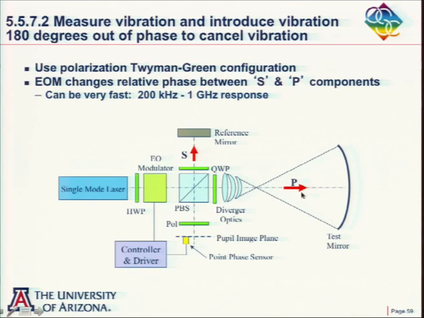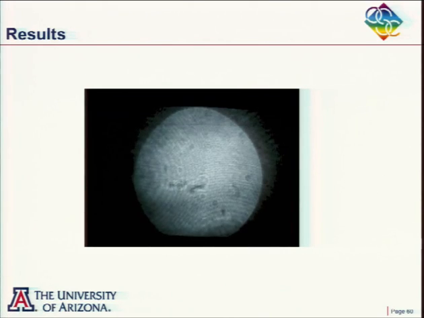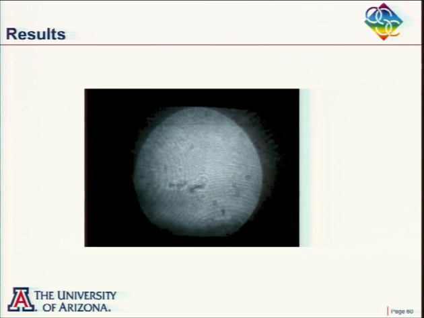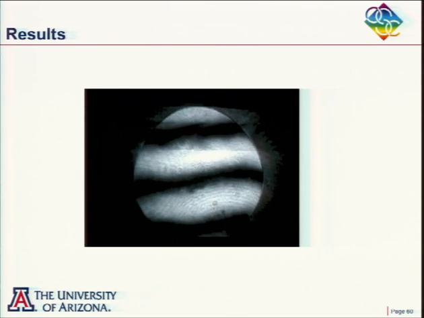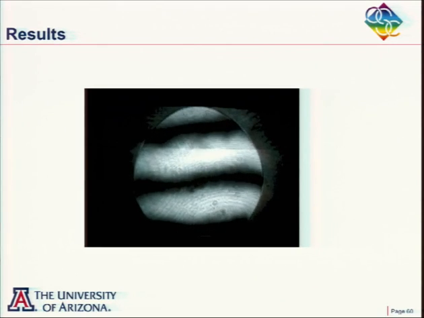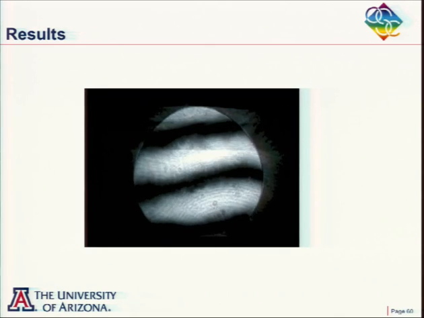So what we're going to see in the next slide will be the interference fringes with the feedback loop turned on and with it turned off. So with it turned on, the fringes are pretty stationary. Now I turn the feedback loop off, and the fringes are vibrating so much you don't even see what the fringes are. We'll see it again here in a second. There. So now the fringes are completely washed out. I turn the feedback loop back on, and it becomes stabilized.